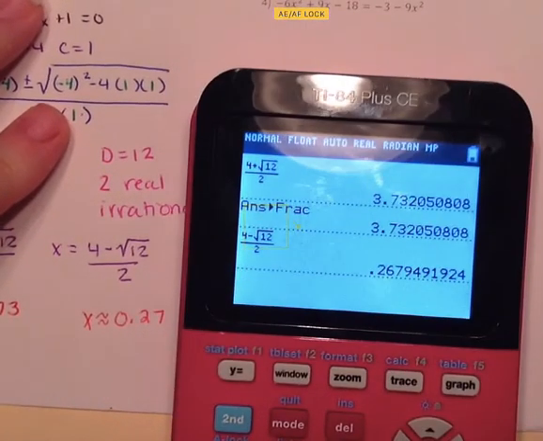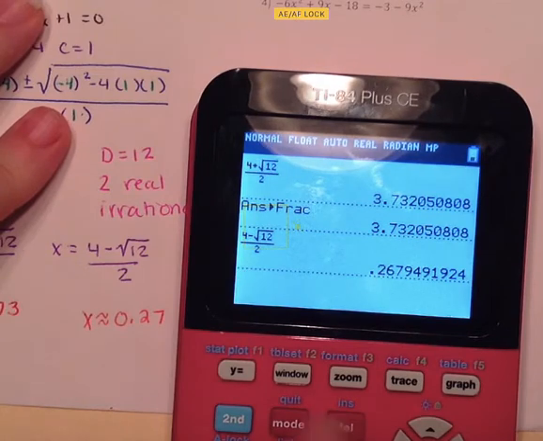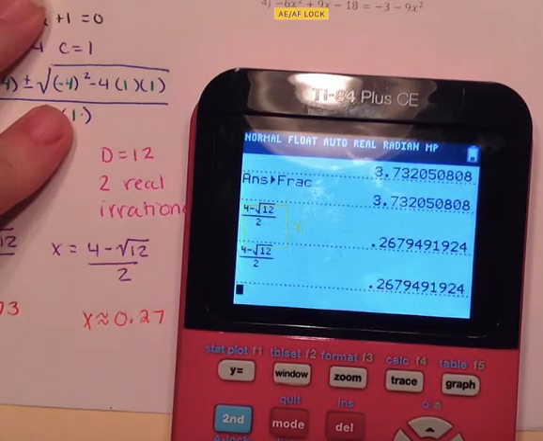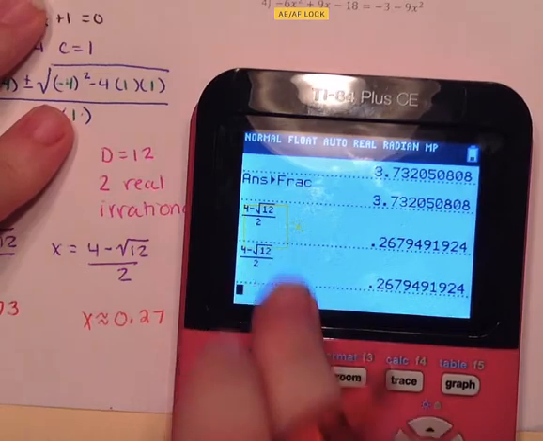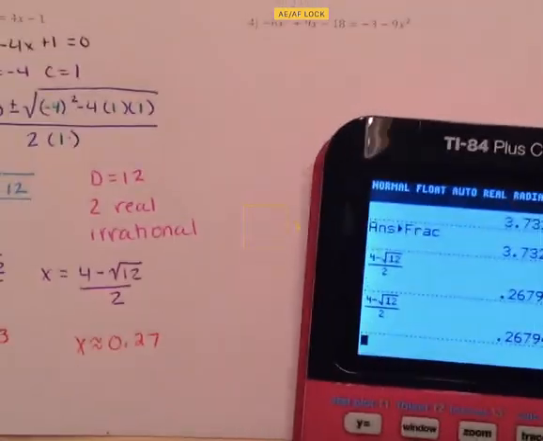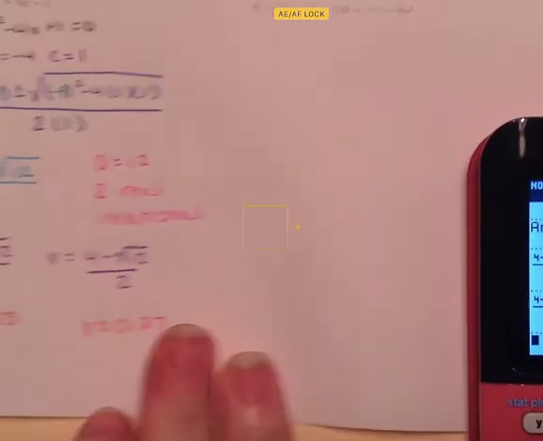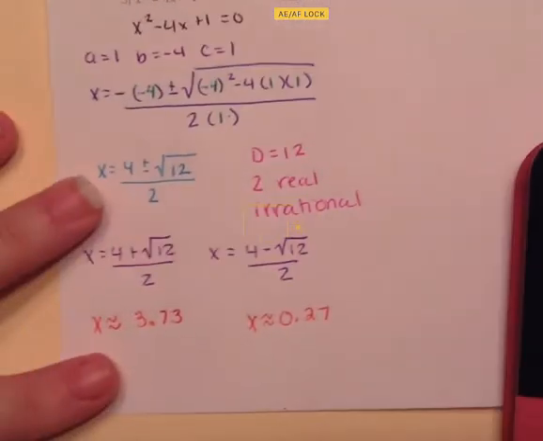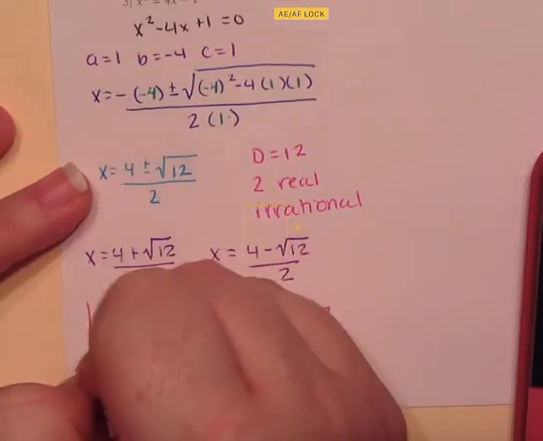Now I could just go back and do alpha y equals, first one, 4 minus the square root of 12, go down, put 2 on the bottom, I get the same answer. So again, you can always press up until you get back up to that expression that you put in there. And then you can just replace the sign with the other sign that you needed.